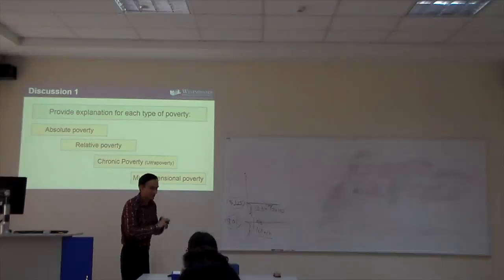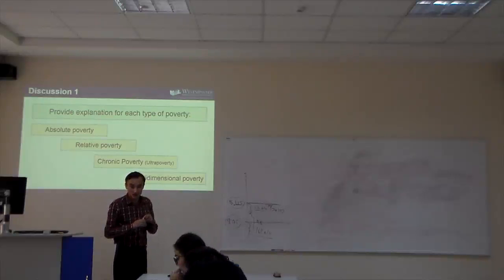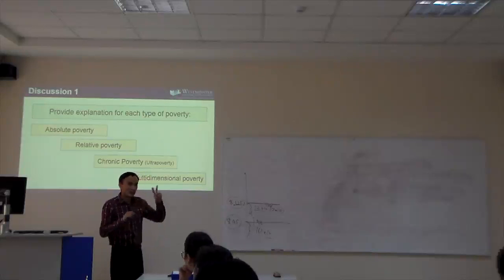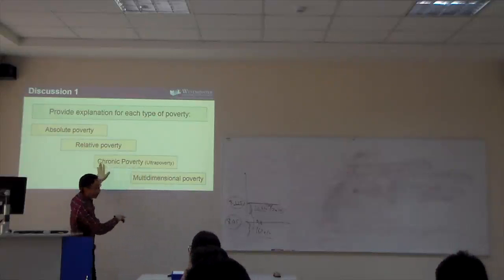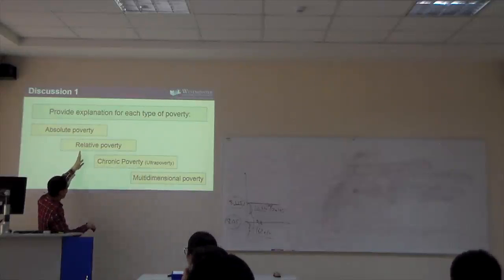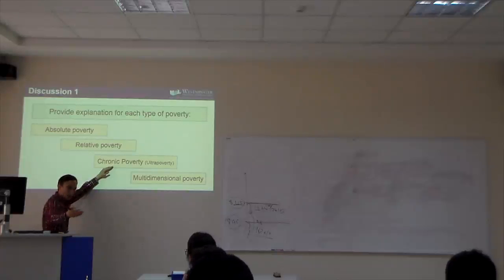What is multidimensional poverty? It has 3 dimensions: health, education, and standard of living. So regarding this, it has a difference from the others. For example, absolute poverty, relative poverty, and chronic poverty you can apply to individuals.